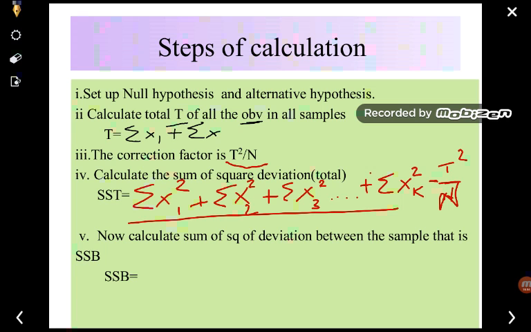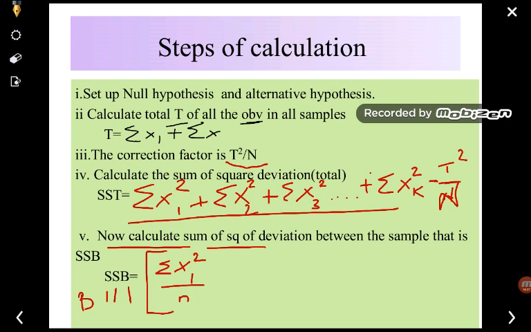Next, the fifth step. Now calculate the sum of square of deviation between the samples, that is SSB. S is the sum of square, and B is between. So how can it be calculated? It can be calculated by this formula: summation of x1 whole square by n1.